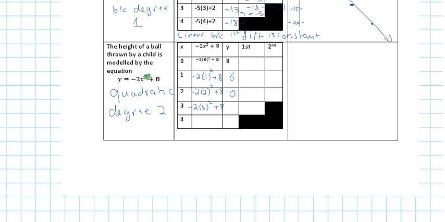Add 8, that would be negative 10. 4 squared is 16 times negative 2, that's negative 32. Add 8, that is negative 24. All right, so I found my y values. Everything good? I'll try to write it smaller.